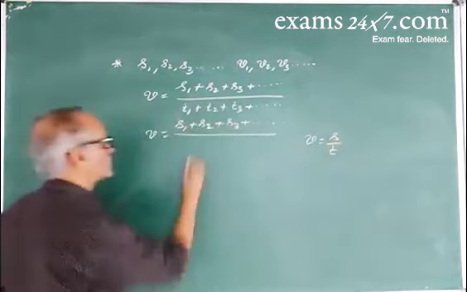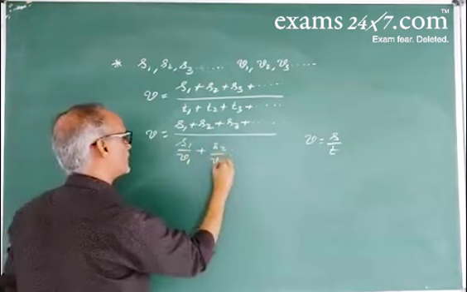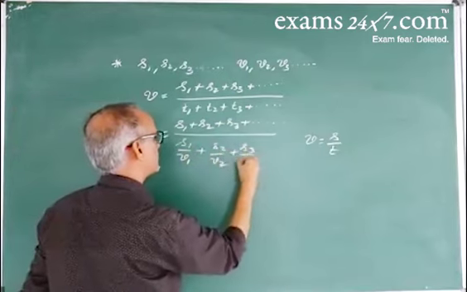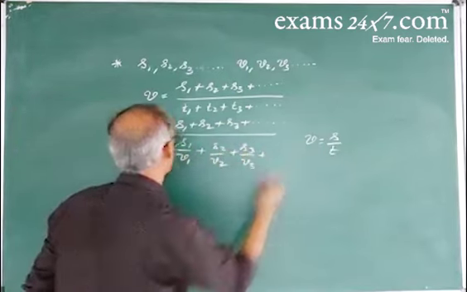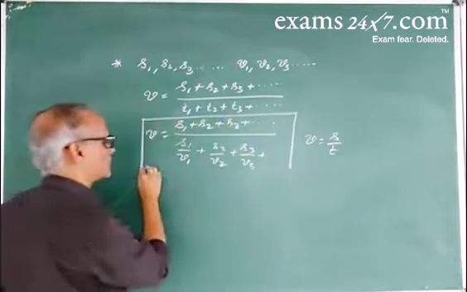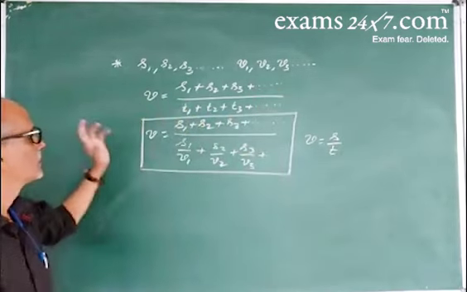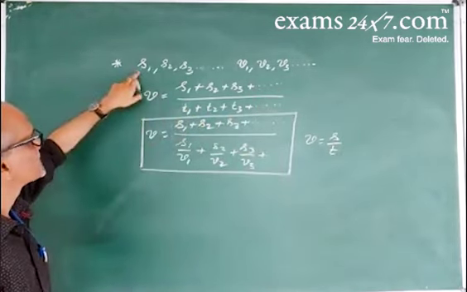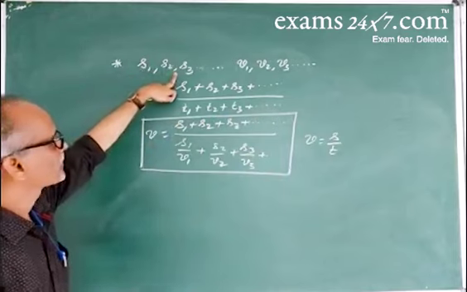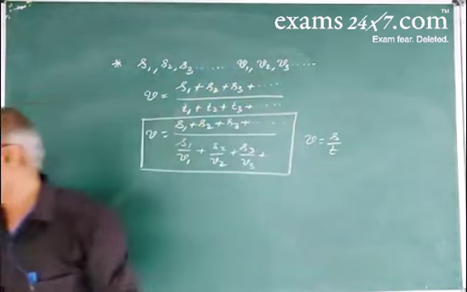So t is equal to s1 by v1 plus s2 by v2 plus s3 by v3, and so on. So this is the formula that gives the average velocity for a body covering distances s1, s2, s3 with the velocities v1, v2, v3, and so on.